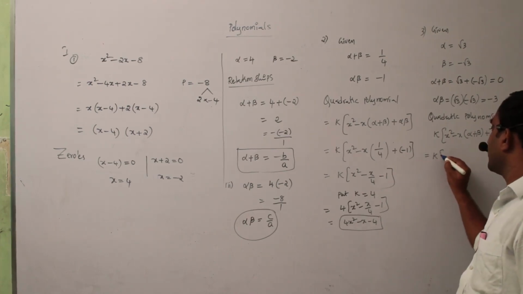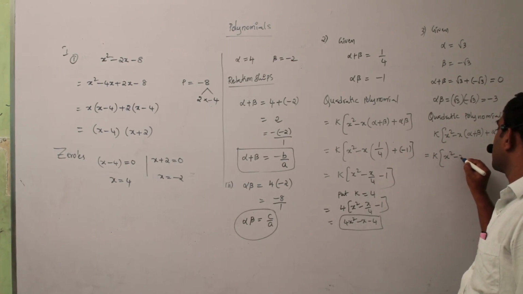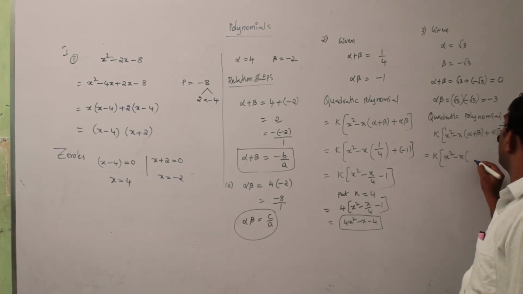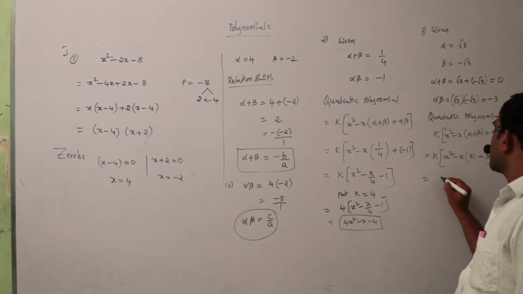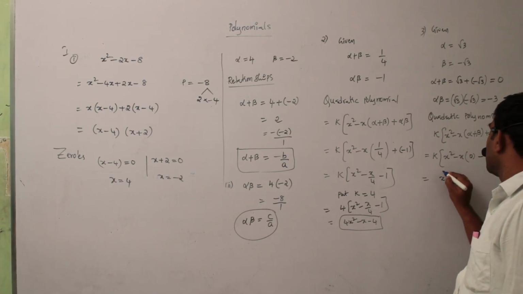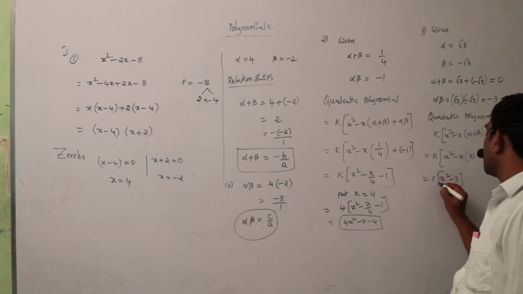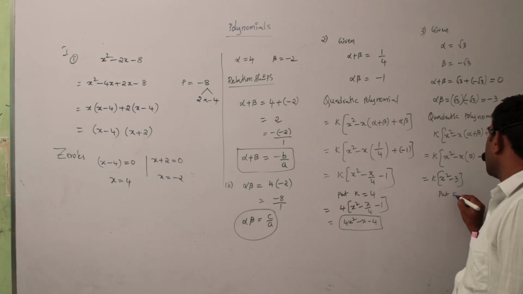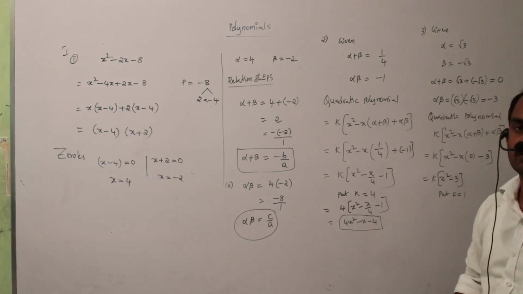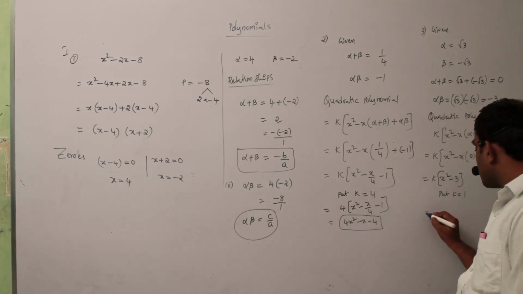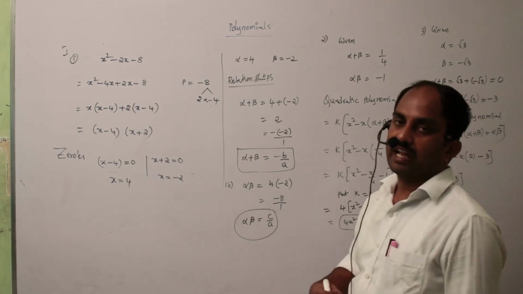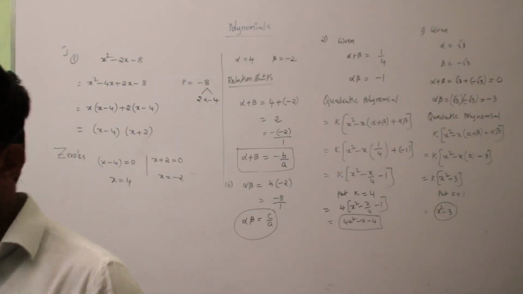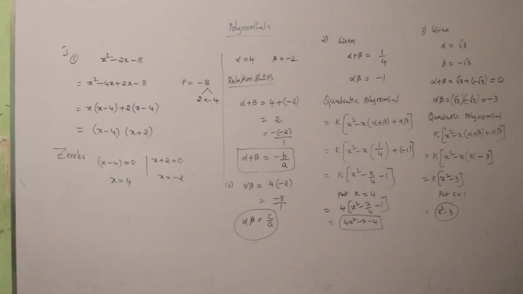That is nothing but k into x square minus x into alpha plus beta value, 0, plus alpha beta value, minus 3. So x square minus 3 into k. That means put k is equal to 1, because here there are no denominators. So the answer we get is x square minus 3. Like this we have to find the quadratic polynomial when zeros are given.